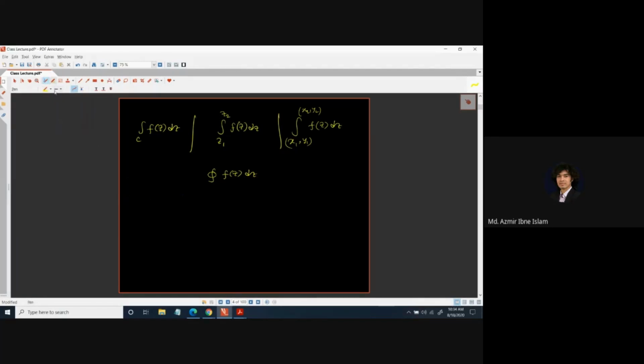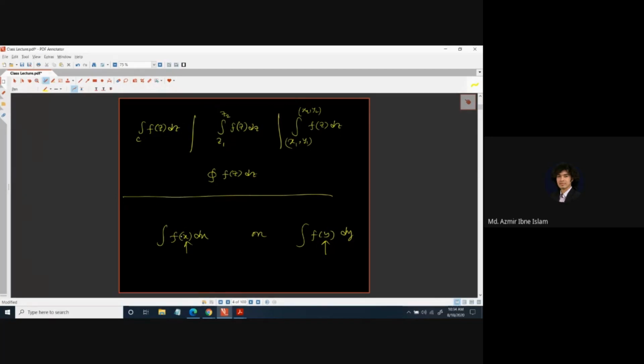Okay, so our first target is to convert whatever type we will have. We need to convert all these types to f of x dx or f of y dy, so that we can have only one input variable, that is either x or y. If we have f of x, then we are integrating in terms of x. If we have f of y, we are integrating in terms of y.